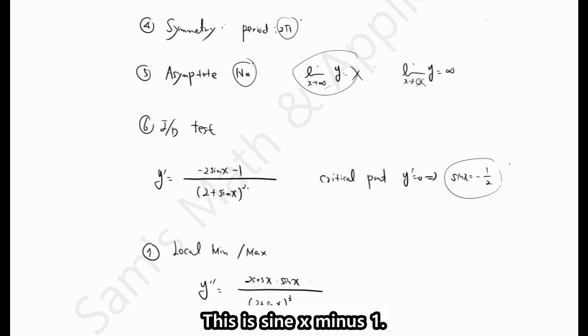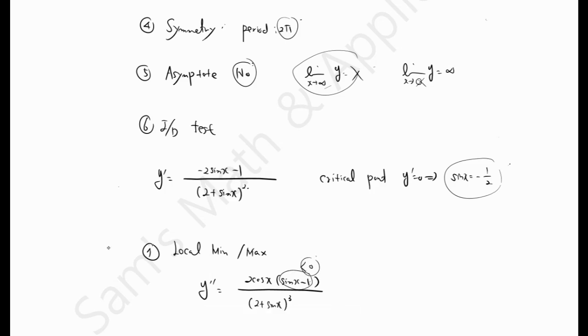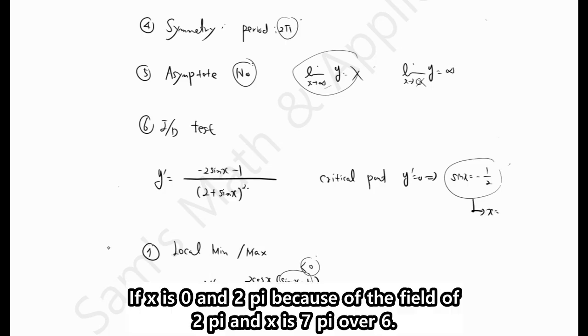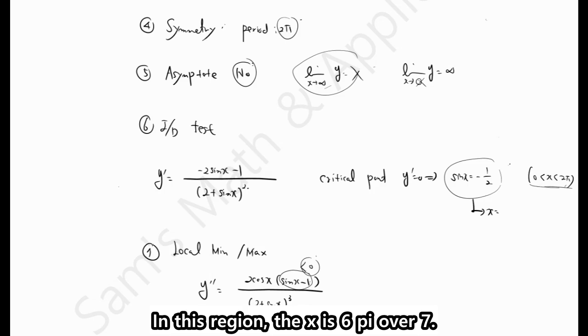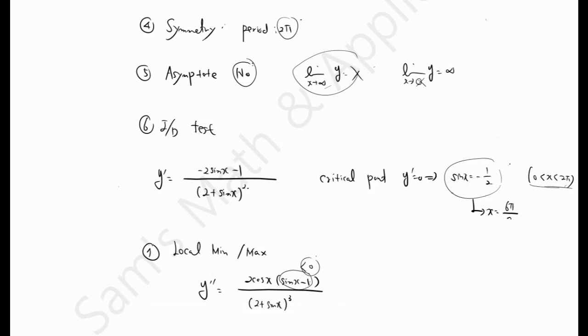This is negative, at x between 0 and 2 pi, because of the period of 2 pi, and x is 7 pi over 6, and in this region, x is 7 pi over 6 or x is 11 pi over 6.